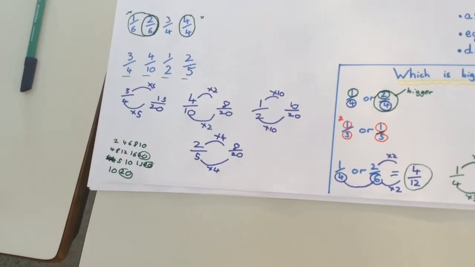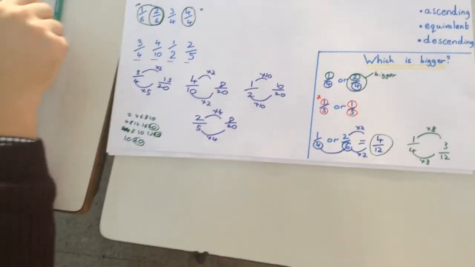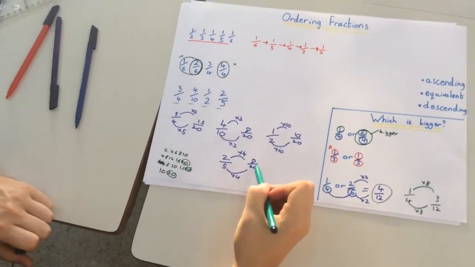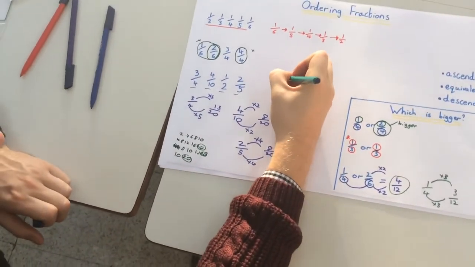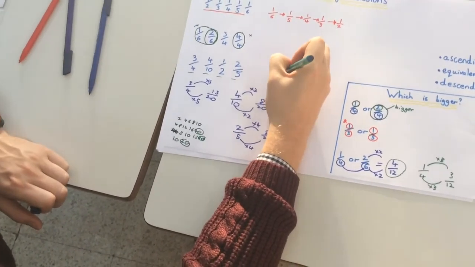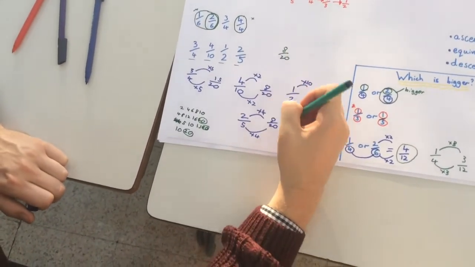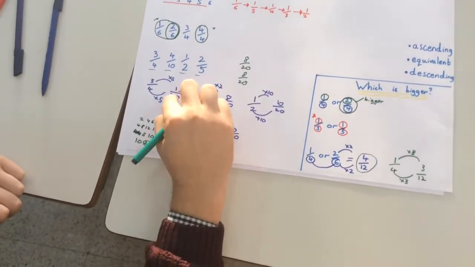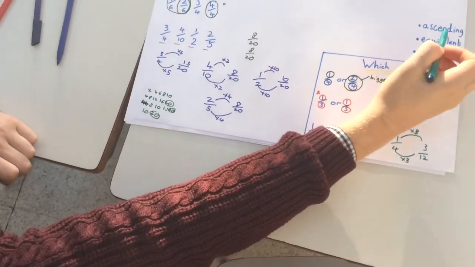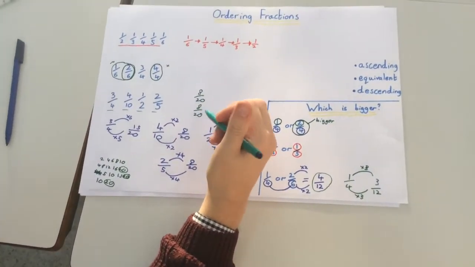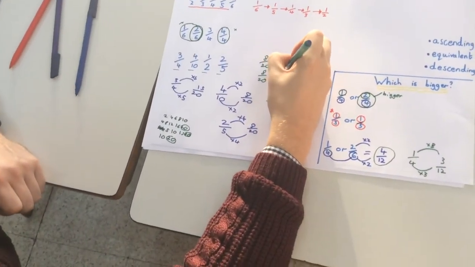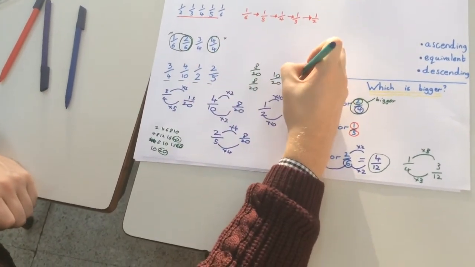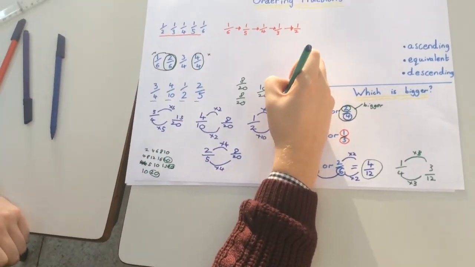Right, what have we got there? Well, looking at them, I can see that my smallest 2 fractions are 8 20ths. Okay? So those 2 are equivalent. Then my next biggest, I'm doing these in ascending order, is 10 20ths, and then after that 15 20ths.